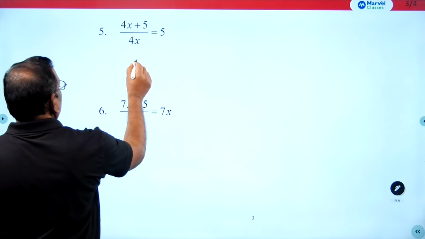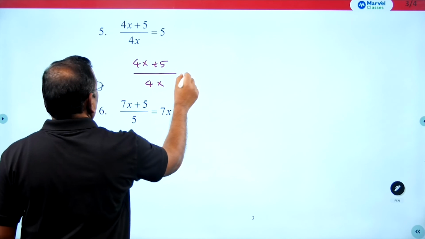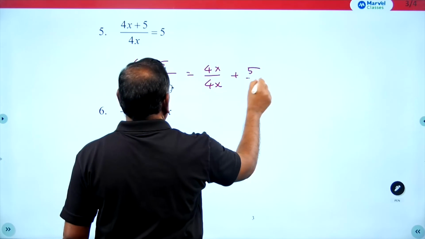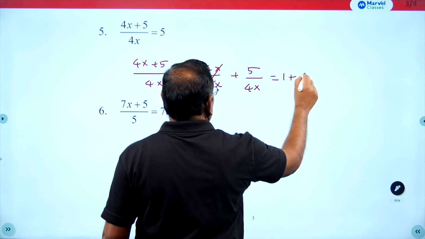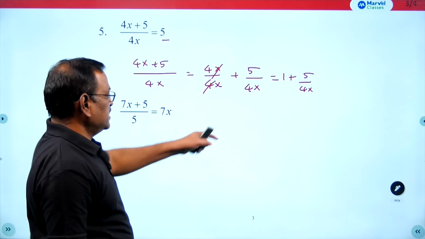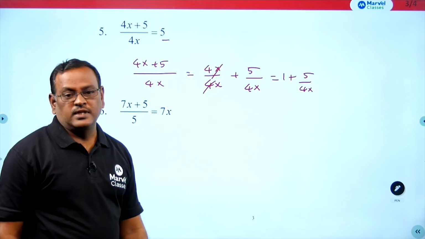So what is the working rule here? 4x plus 5 by 4x equal to 4x by 4x plus 5 by 4x. These two get cancelled. So 1 plus 5 by 4x, but here only 5 is there. So the original expression is 1 plus 5 by 4x, but not 5. So that is an error.